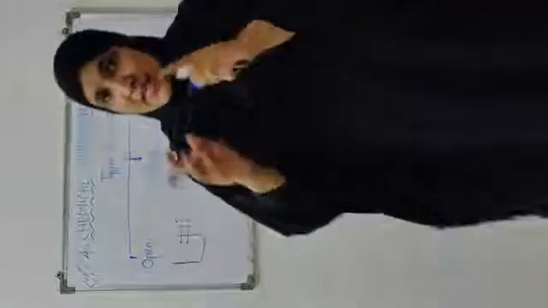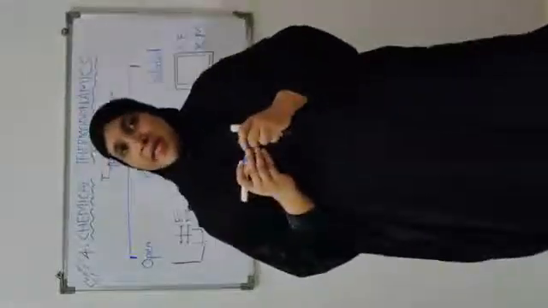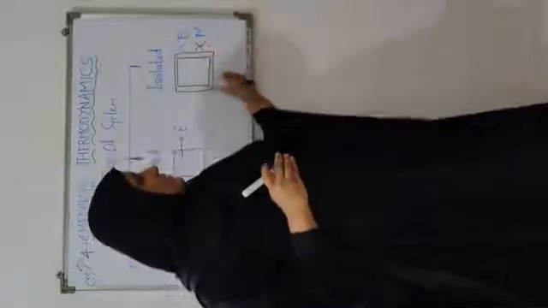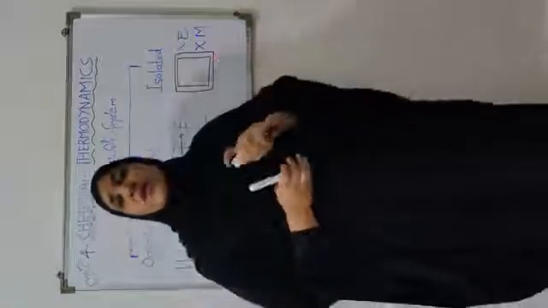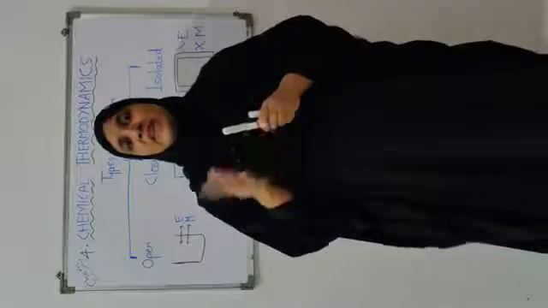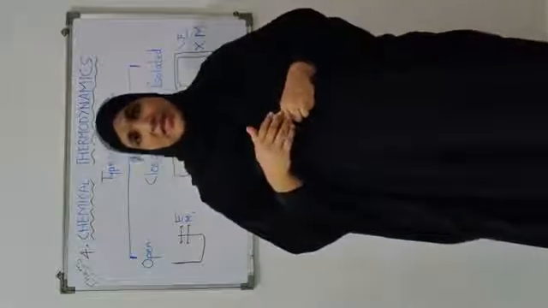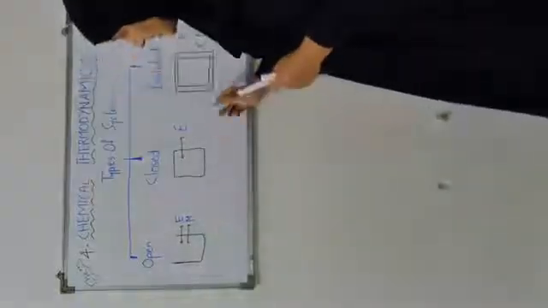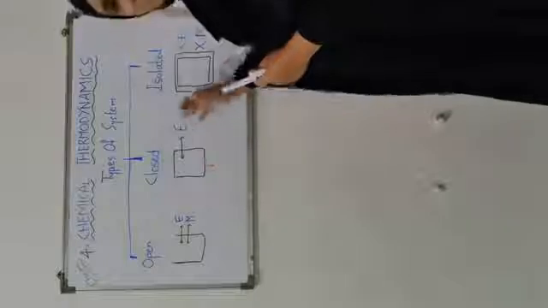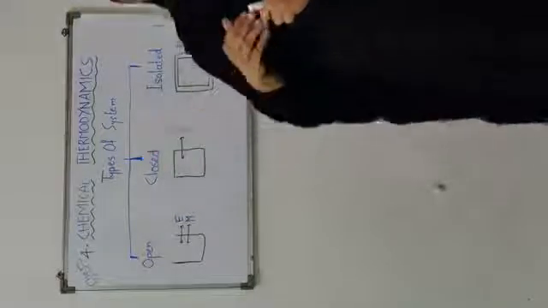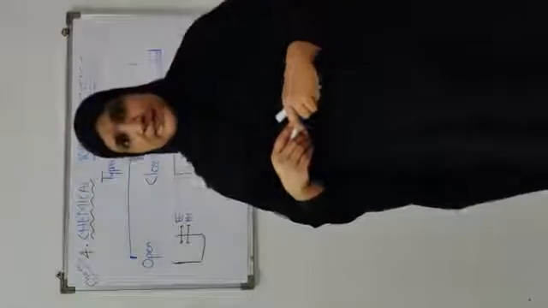For example, a chemical reaction that takes place in a thermally insulated container. Okay, it is completely closed and it is thermally insulated also, therefore both the exchanges are not possible. So when we carry out the thermodynamic study, we may come across any of this kind of system: open system, closed system, or isolated system. Okay, so these are the three important types of system.